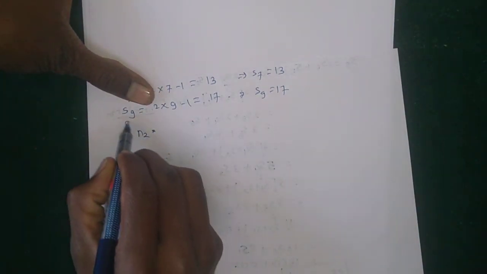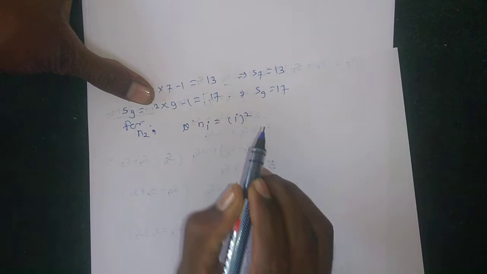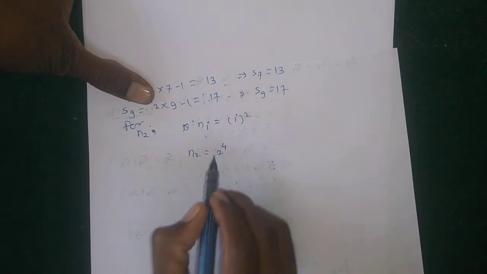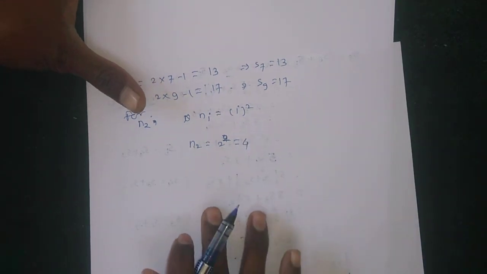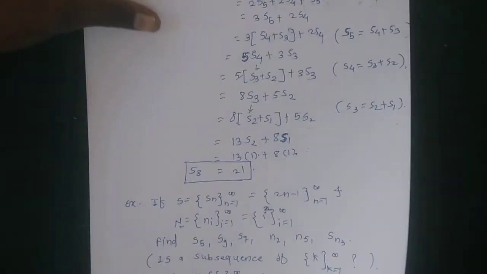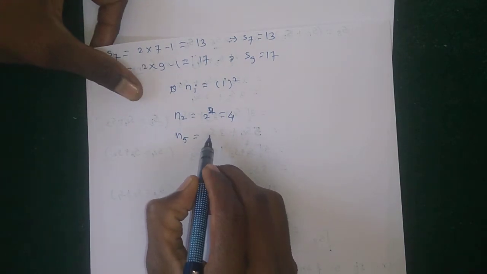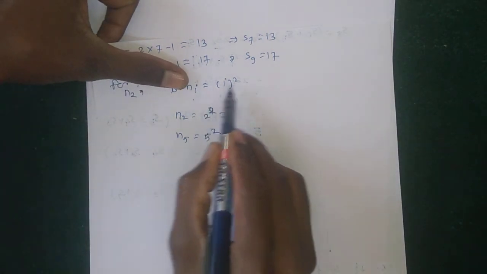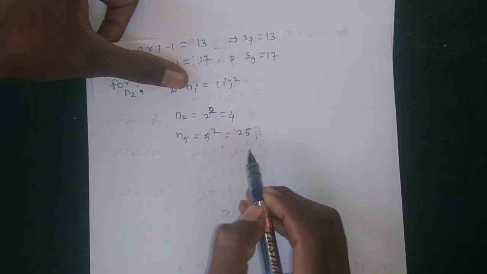For N2, given that Ni is equal to i square, N2 is equal to 2 square, which is 4. Then the next element to find is N5. N5 means 5 square; Ni is equal to i square, which implies that N5 is equal to 5 square, which is 25.